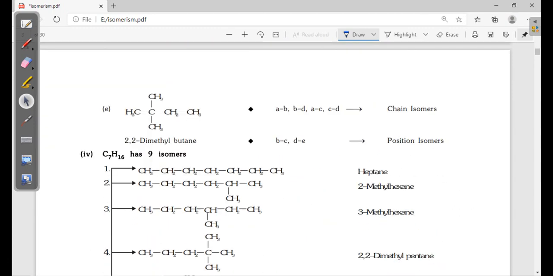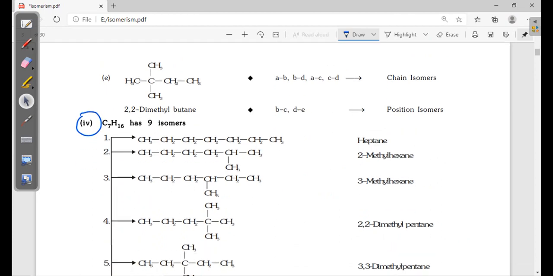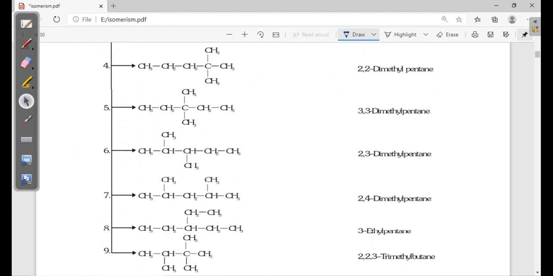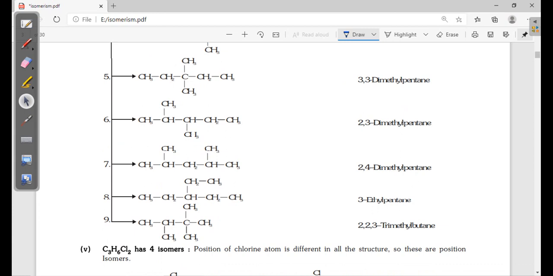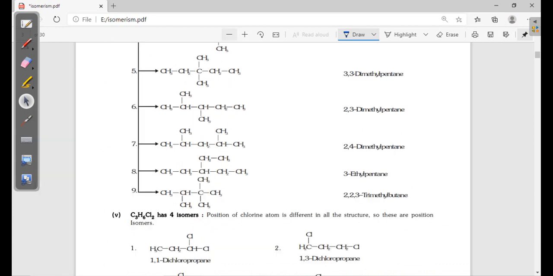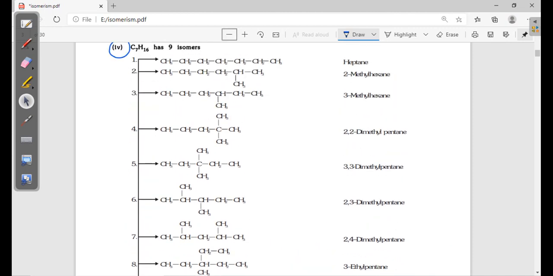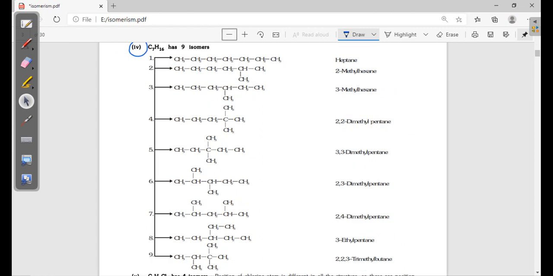If you remember these things, 7 carbons have 9 isomers, that's better. Otherwise you can try it, it will take time. You can pause it and write it later. I will show you together. Yes, this is the total 9 isomers. See how they did it.